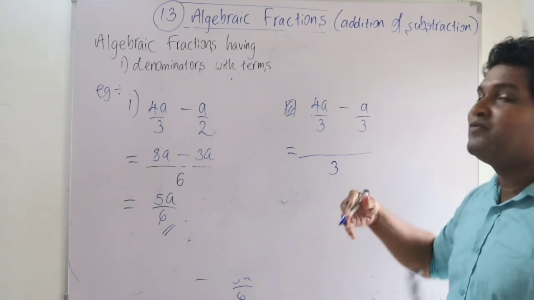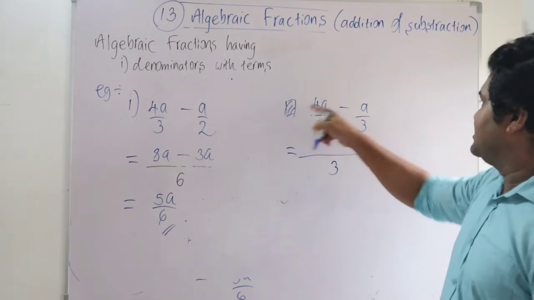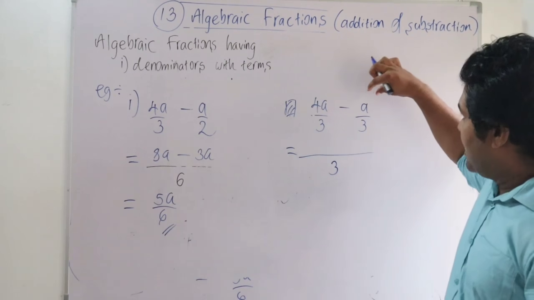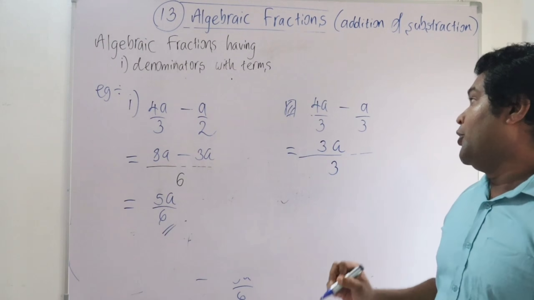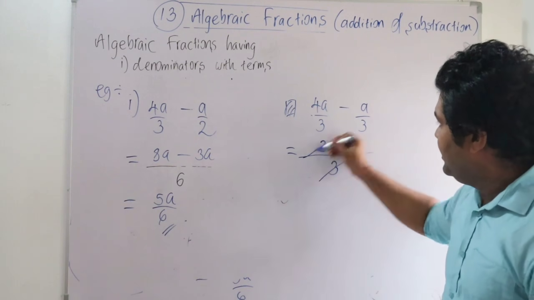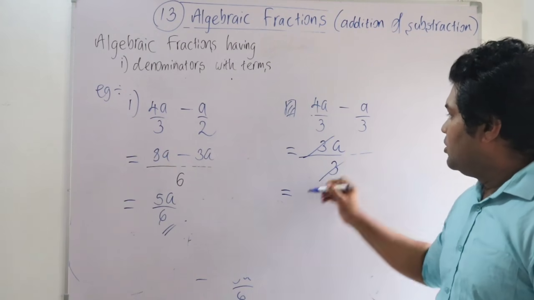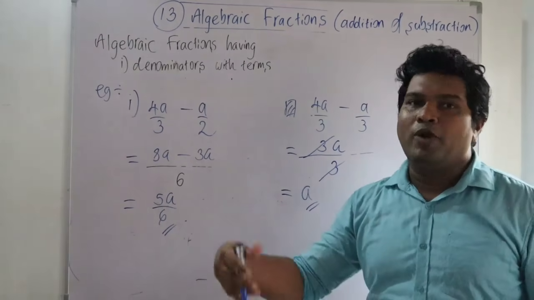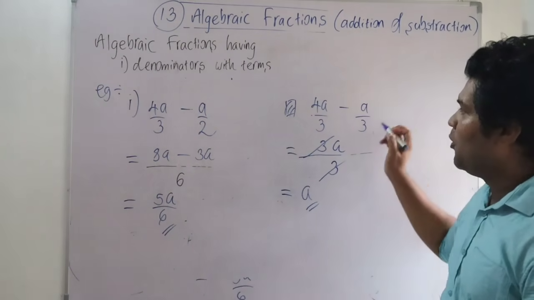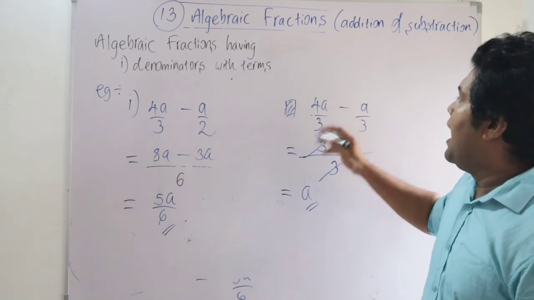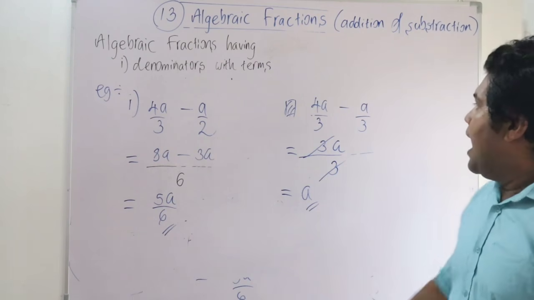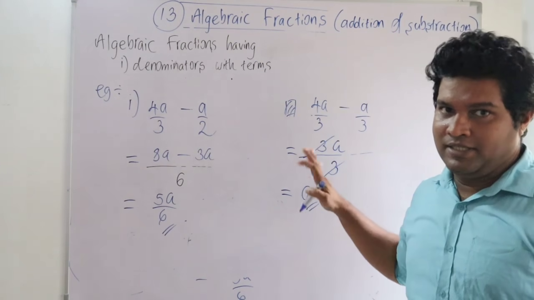We have to work on the numerator. It's a subtraction. Then we can subtract a from 4a, it's 3a. Furthermore, we have to simplify 3 and 3. Now the answer has become a. Okay, it's a different story with regard to this question. I made an algebraic fraction problem having equal denominators, this circumstance.